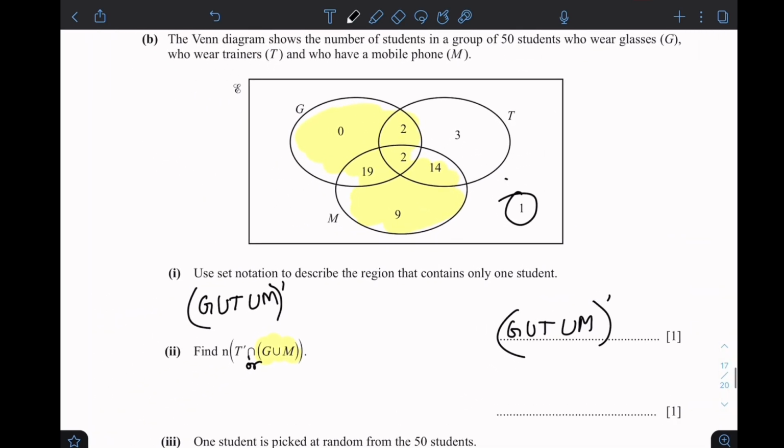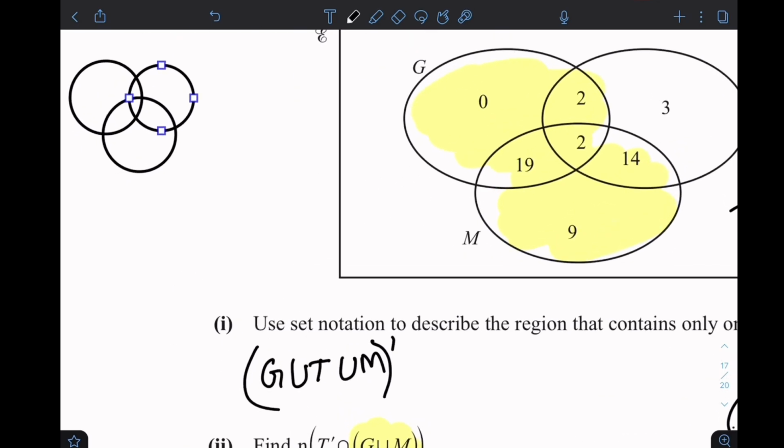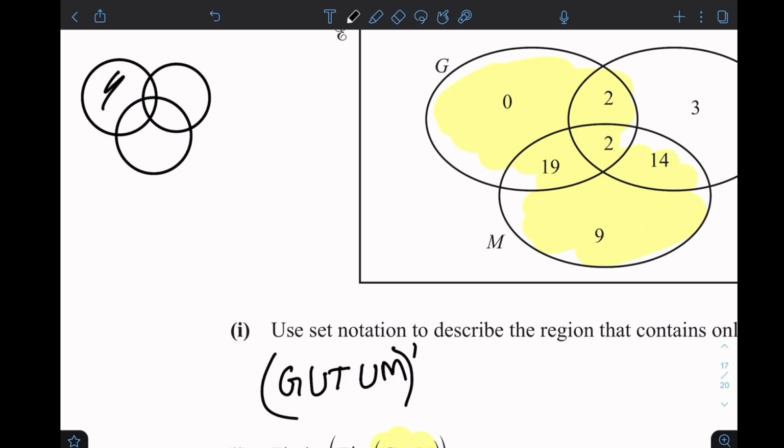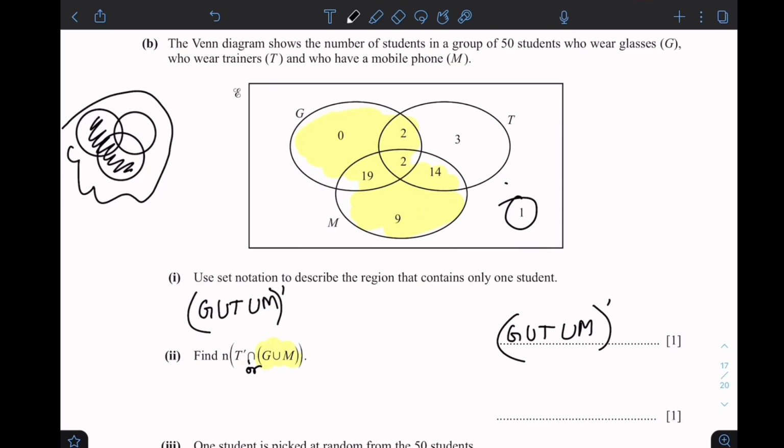So I'll just draw this for you. If this is G, this is... sorry about that. Okay, so everything outside T has to be this and this, right? And you know G union M is this, right?